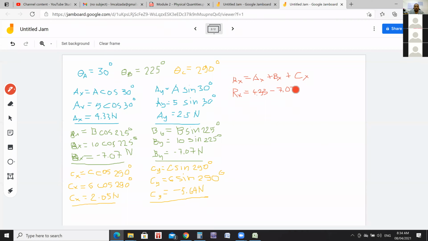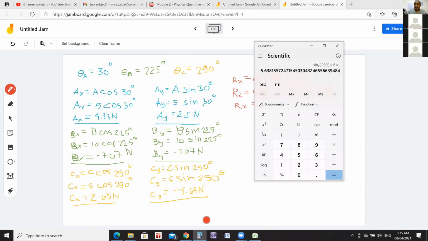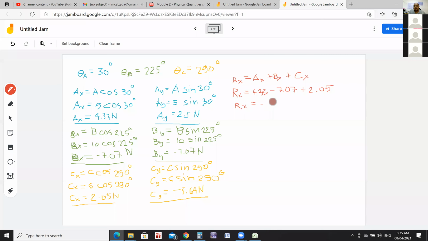Next, plus 2.05. Again, using the calculator, negative 4.33 minus 7.07 plus 2.05. Answer is negative 0.69 Newton.